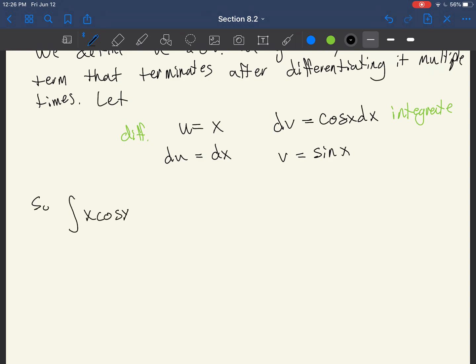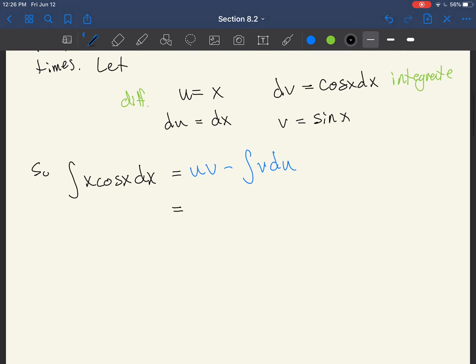So the integral of x cosine x dx equals uv minus the integral of v du, which, using the notation that we have, or the way that we defined u and v, is x sine x minus the integral of sine x dx.